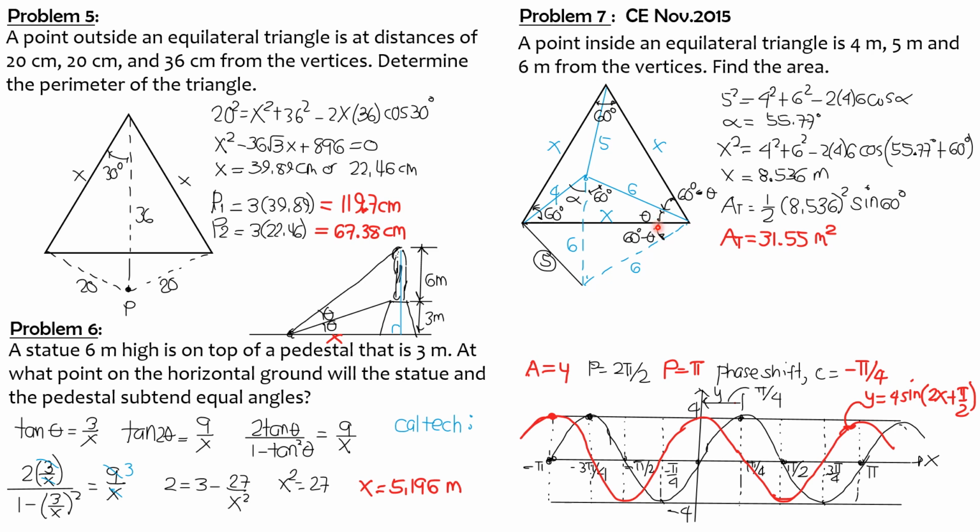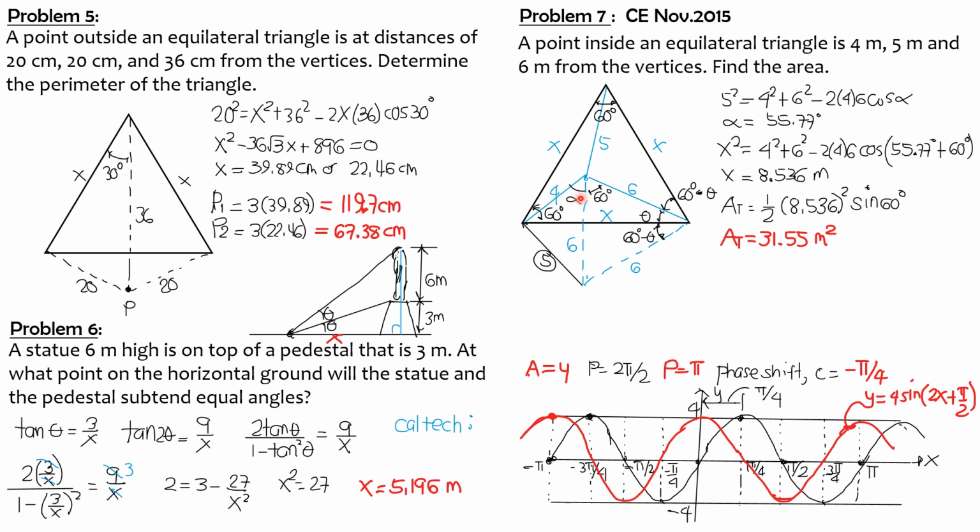Now, in this 60 degrees minus theta, the sides adjacent are x and 6, which are the same sides 6 and x in this triangle. Therefore, the opposite is 5. So just like here, x and 6, 60 degrees minus theta, this should be 5. Then we form here another triangle with sides 4, 6, and 5.